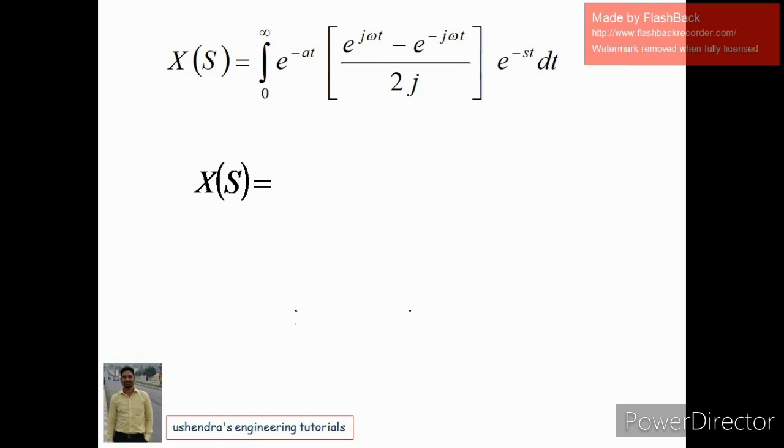It continues, X of s will be equal to, guys, there is a small simplification. Can you watch the existing equation?